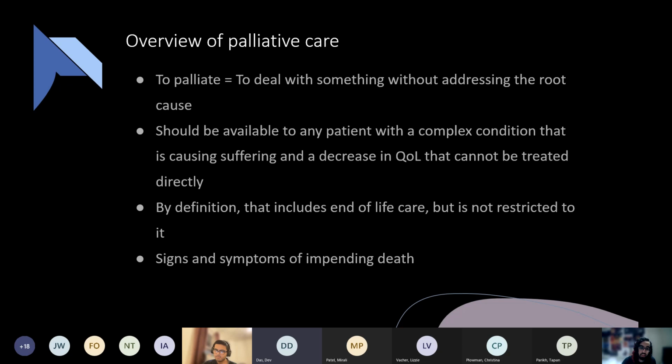Whilst waiting for that, the important thing with Cheyne-Stokes is that the patient isn't suffering during it. It doesn't really distress the patient. Who it's distressing for is the family, and that's a big part of palliative care.